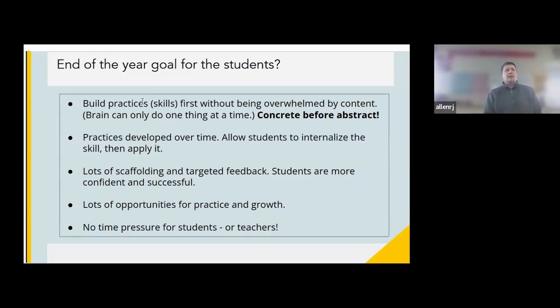It's great to see, because they want to bring it up even though they made mistakes, and we talk about how close they are and that they only need to do this, and they'll have a 3, and they know they're going to get more chances. It's never one and done. So they're willing to take chances. They don't have to be perfect. And then lots of opportunities for practice and growth. We talk about growth mindset all year. That's what we want them to do, grow.